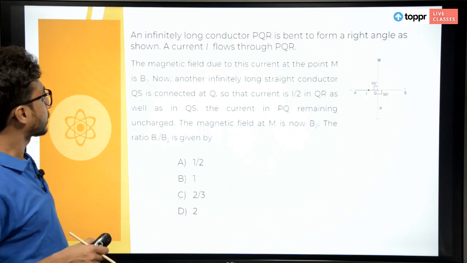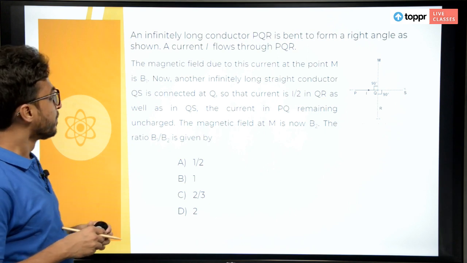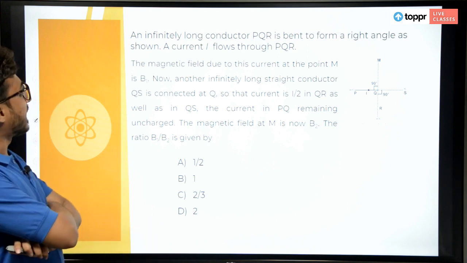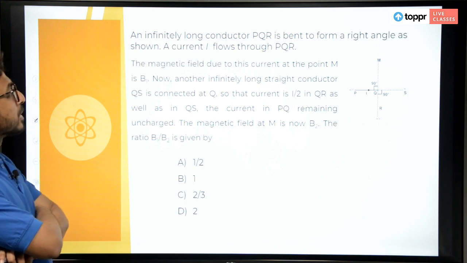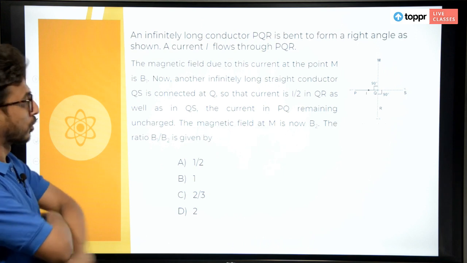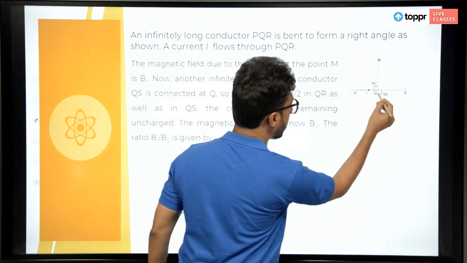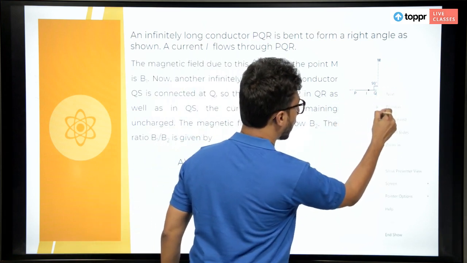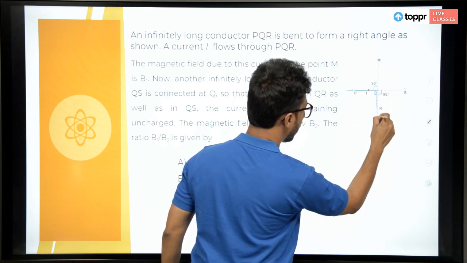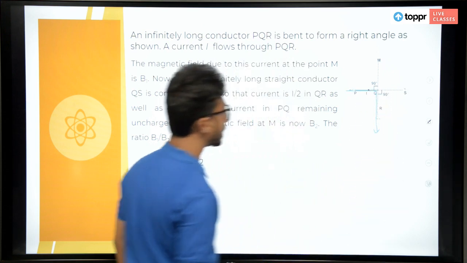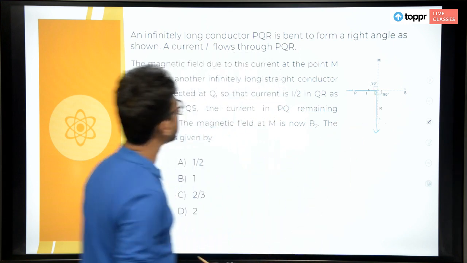Okay. See this question. An infinitely long conductor PQR is bent to form a right angle as shown. So this PQR, the conductor is bent at right angles like this.